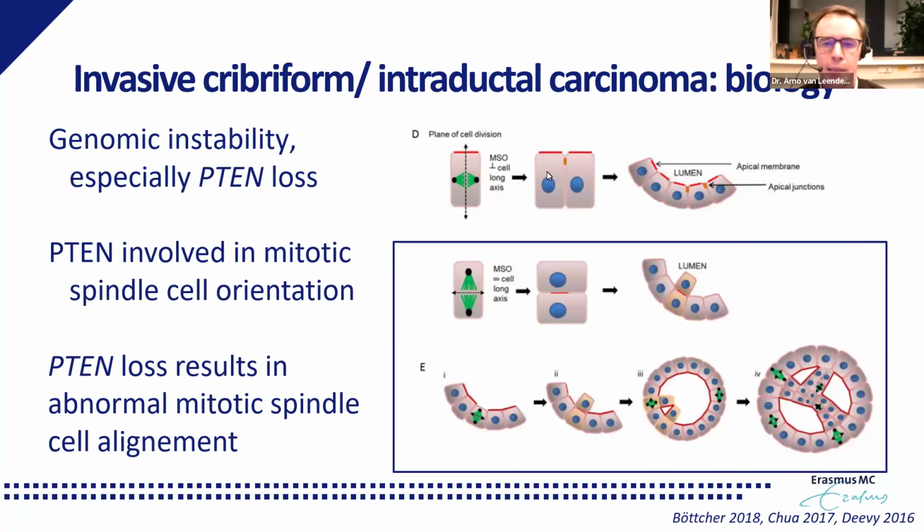Sometimes mitotic spindles will form not in a horizontal plane, but more in a vertical plane, and that may give rise to these cribriform lesions. So that's how PTEN loss may be linked to the existence of cribriform pattern. Cribriform pattern in that sense is mostly just a morphological mirror of underlying genomic instability, particularly PTEN loss. So that's how it may be linked in reality.